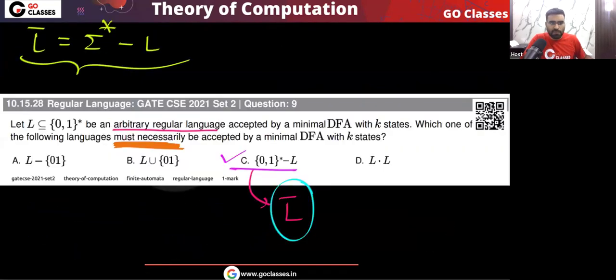Now let's see the counter example for option B, which is L union the string 0 1. Can you tell me the counter example? Again, very simple.